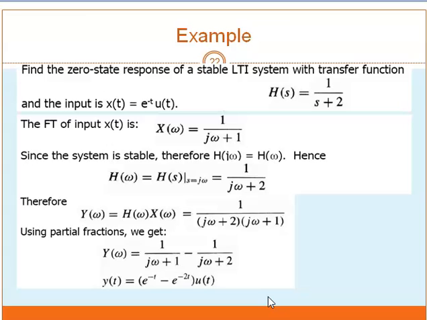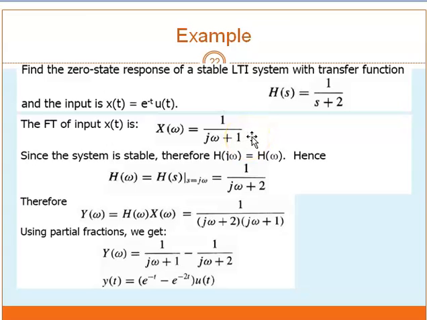For example, find the zero state response of a stable LTI system with the transfer function H(s) equal to 1 over s plus 2, and the input is given by e to the minus t u(t). The Fourier transform of the input x(t) would be X(ω) equal to 1 over jω plus 1.